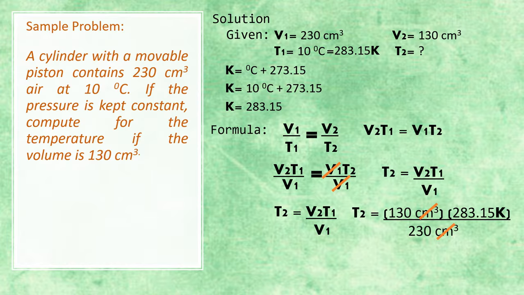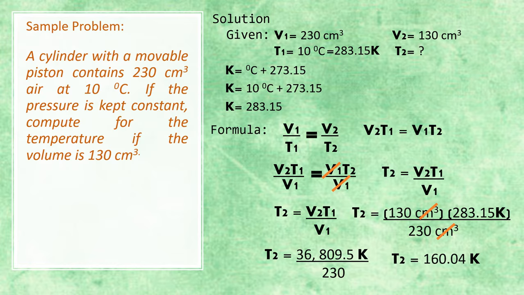Cancel cubic centimeter. Our desired unit is Kelvin because we are computing for temperature. Multiply lang natin ang 130 sa 283.15. The answer is 36,809.5 Kelvin. Copy the initial volume which is 230. Divide lang natin siya.